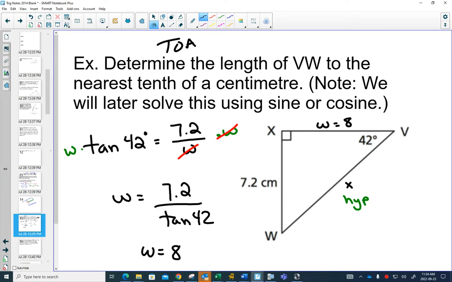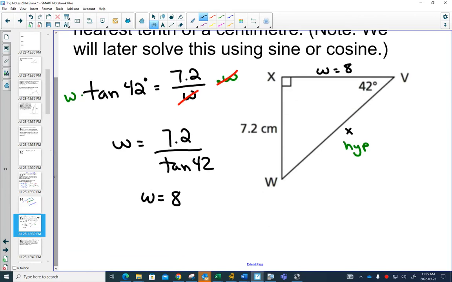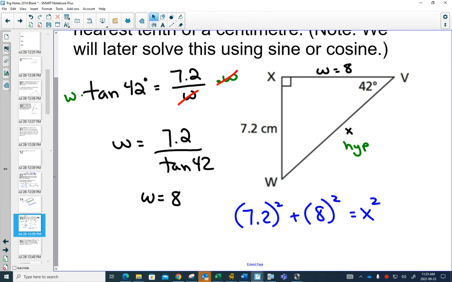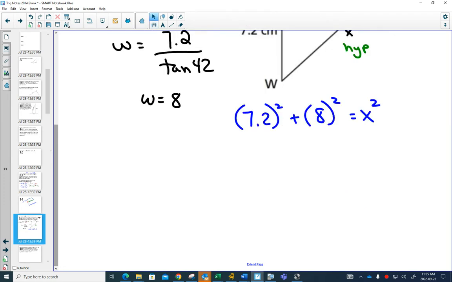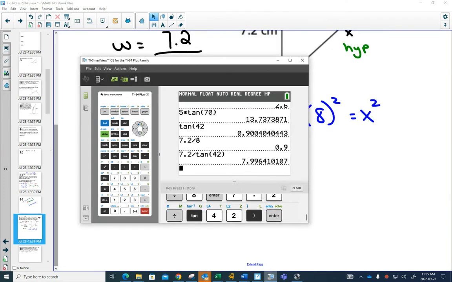How would we find x? A squared plus b squared equals c squared. So now I can write 7.2 squared plus 8 squared equals x squared. Now technically, if I was going to my calculator, this is what I would do.